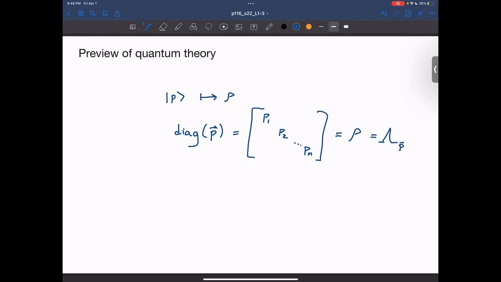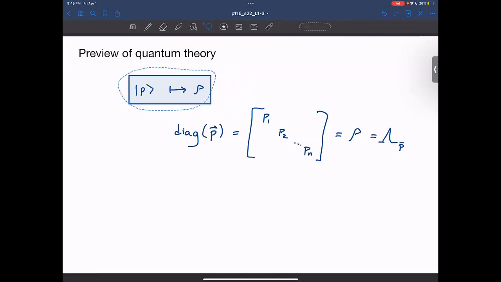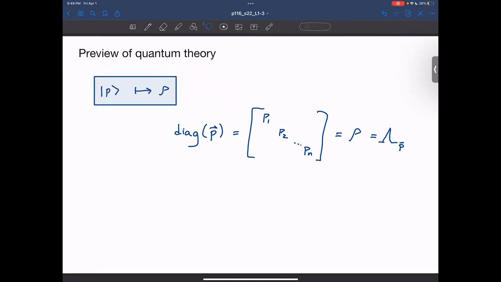This capital lambda is a valid quantum probability density matrix. And so we can go through and carry out all the machinery that we did so far and see exactly how it lines up with quantum theory, in the case where we actually started off with a quantum state of this form. So that's where we're going.